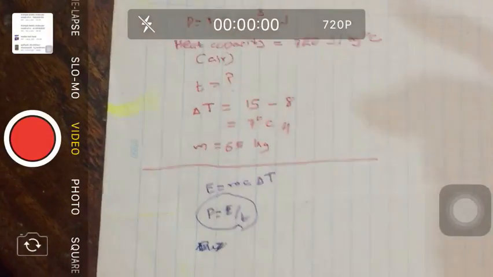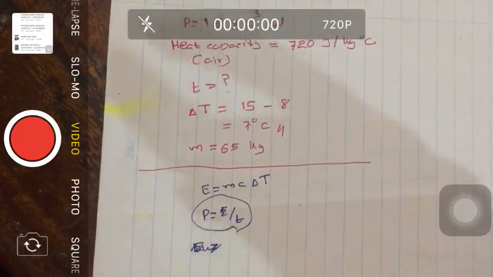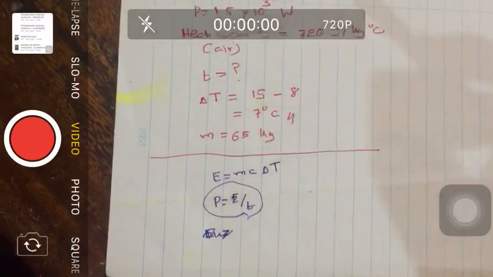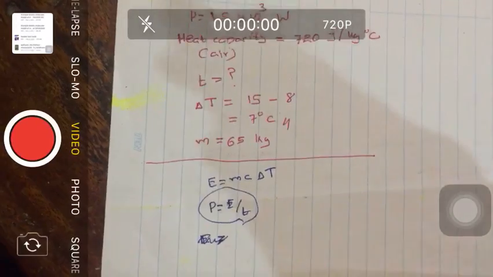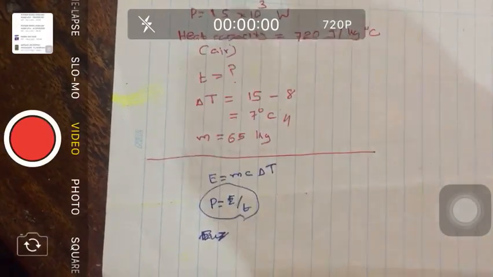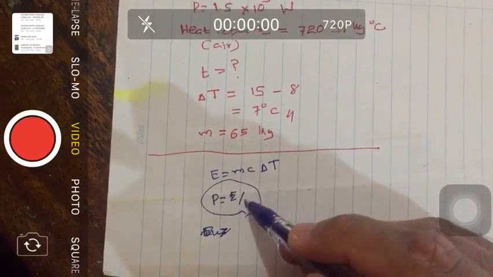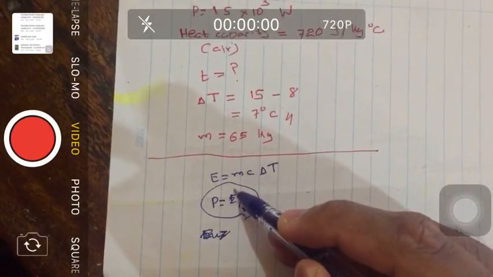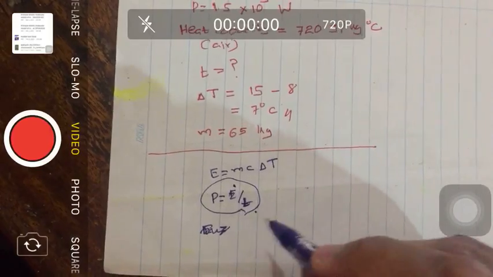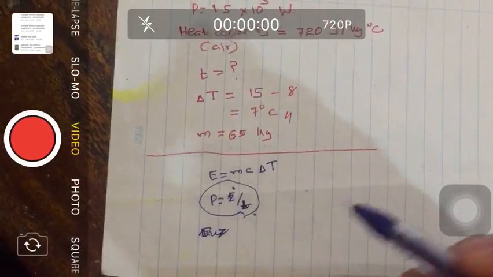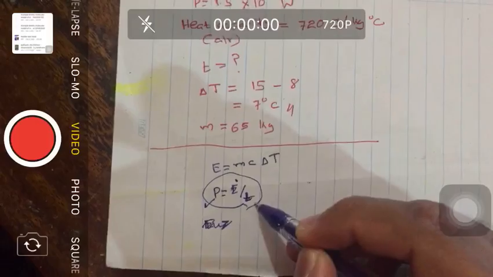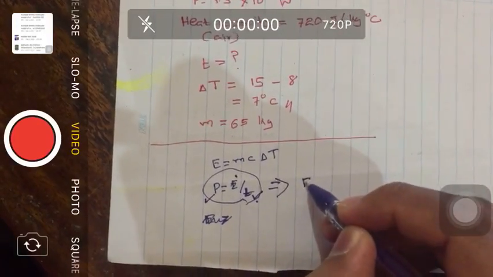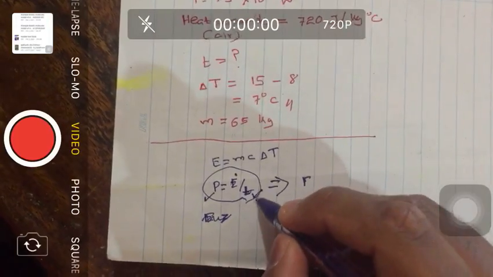I hear the word time and I understand that so far we've been using these two equations in these kinds of questions. So power is equal to energy over time. Because that's the only equation out of these two which has time, I see what quantities from this equation are given.